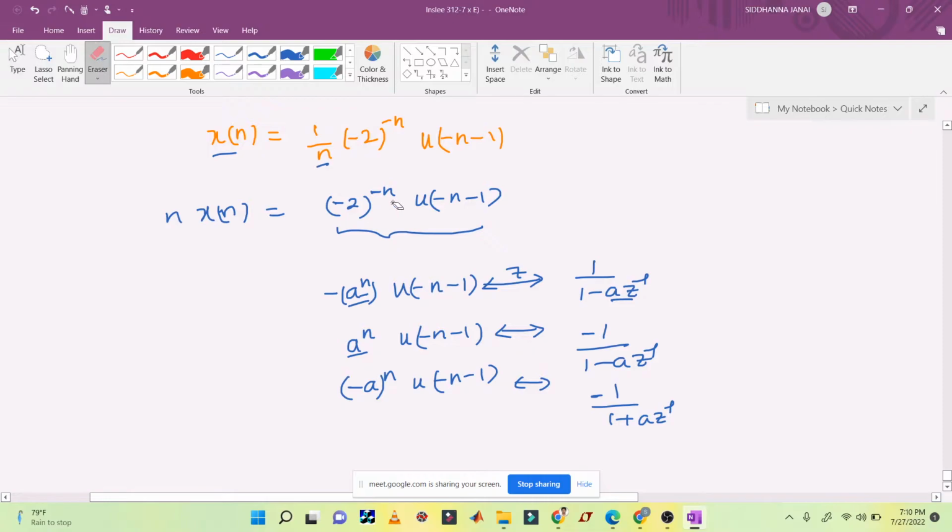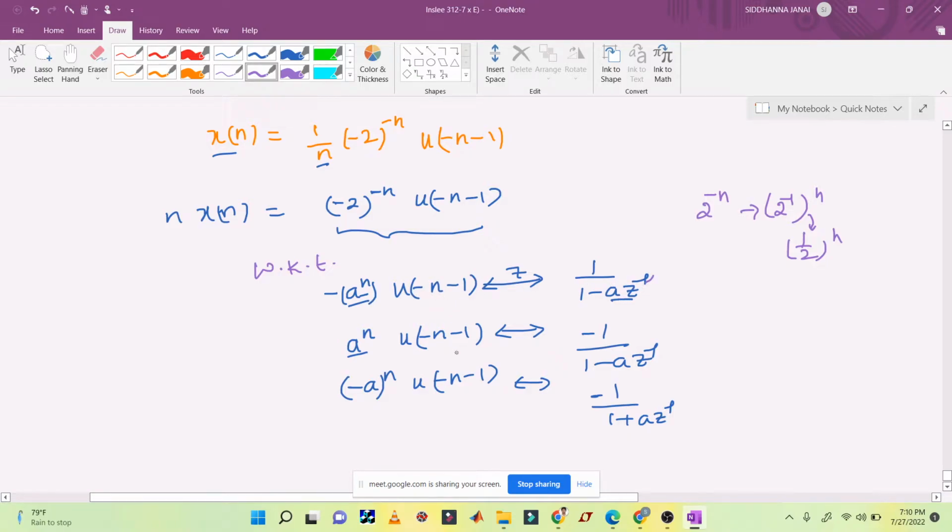And what about this minus n? In our signal minus n is there. So 2 to the power minus n means I can write it as 2 to the power minus 1 to the power n. So 1 by 2 to the power n, correct? We can write it like this. So now we know that this is the standard equation.